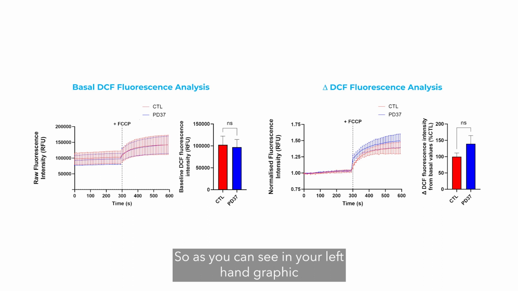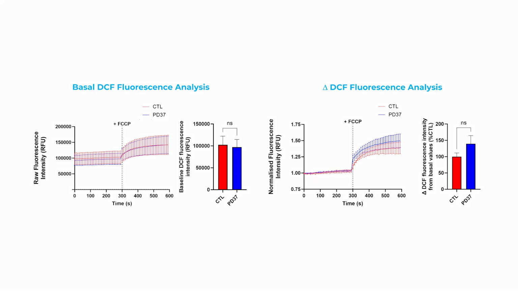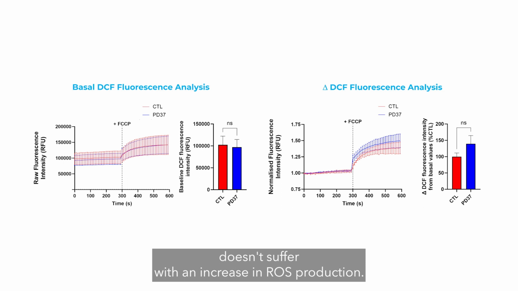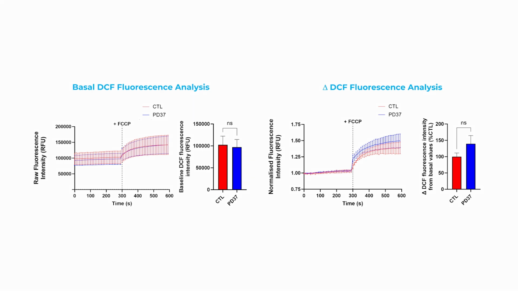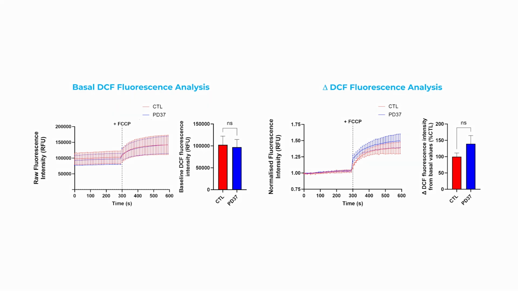As you can see in your left-hand graphic, when we measure the basal DCF fluorescence, meaning the basal level of oxidative stress, we don't see much difference between control and Parkinson's disease cells. From this perspective, one can argue, okay, Parkinson's disease doesn't suffer with an increase in ROS production. And this can be true in some cases, and especially in some models.